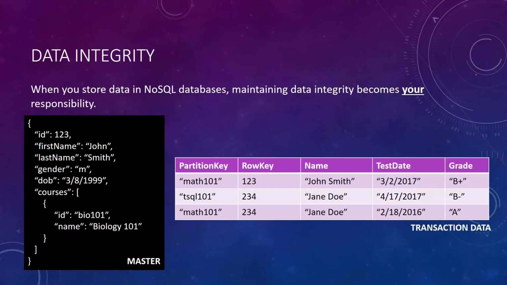And going back to the previous example, if Jane Doe were to get married and change her last name to Green, we would have to go update these records in the table storage so that it's going to read, for example, the second record, the second entry is TSQL 101, is the partition key, row key is 234, which is a reference to Jane Doe. We would have to update that and say the name is Jane Green.